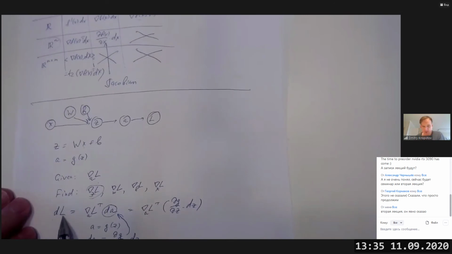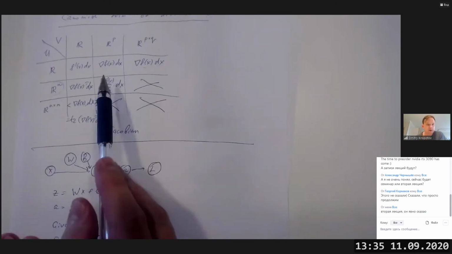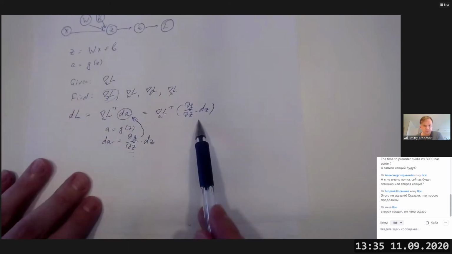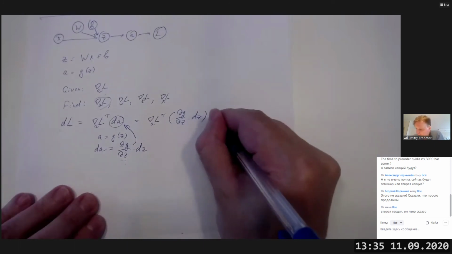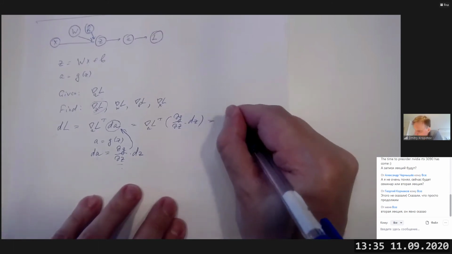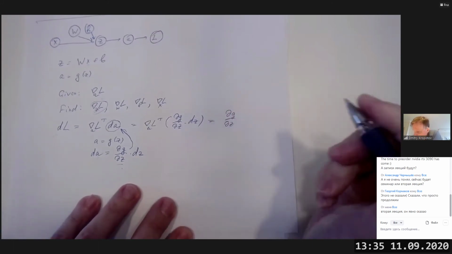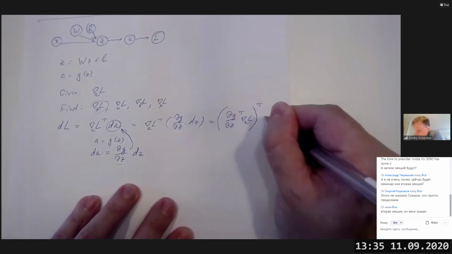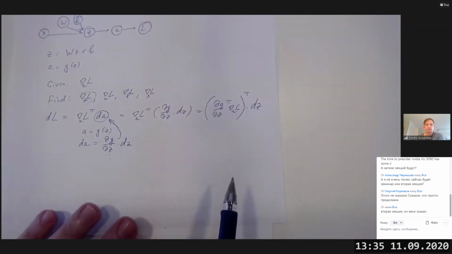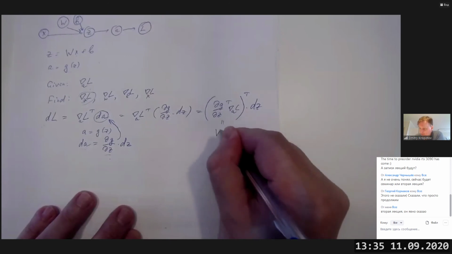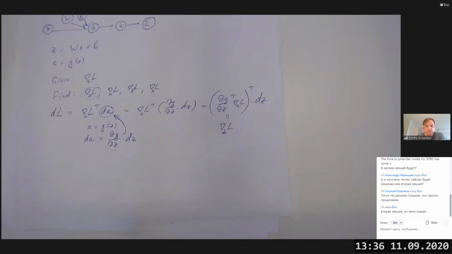In our case, L is a scalar, z is a vector, so canonical form looks like this. So we need to transform it into an inner product of some vector times dz. This is a vector, this is a matrix, this is a vector. So we may write this like the transposed product times dz. And what is stated here is our actual gradient of L with respect to z.